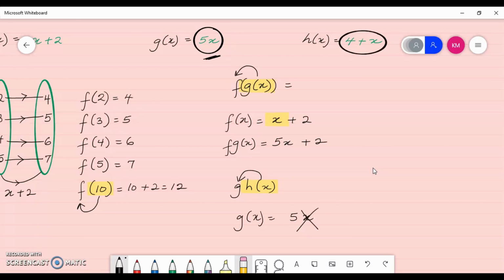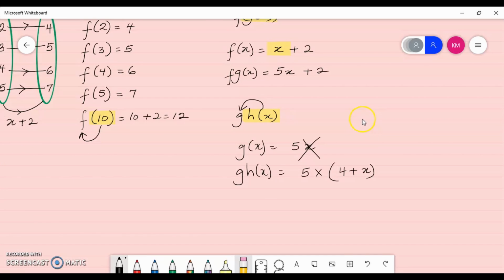Here is h of x, so g of h of x is going to give us 5 multiplied by 4 plus x. Why did we multiply? Remember, 5x means 5 multiplied by x. So if we are replacing x with something else, we need to still multiply that 5 by whatever we are replacing it with.